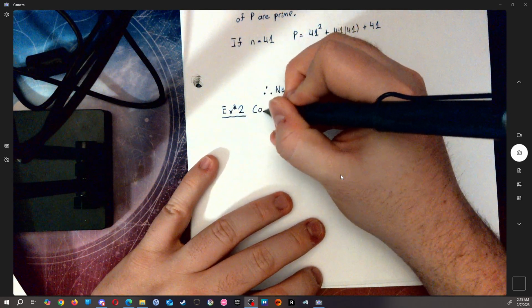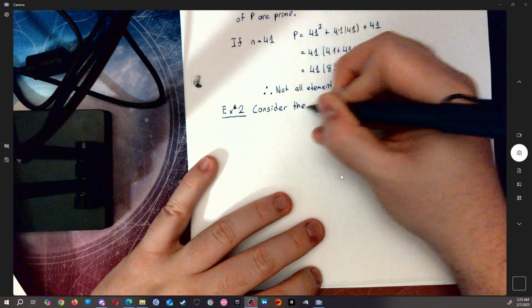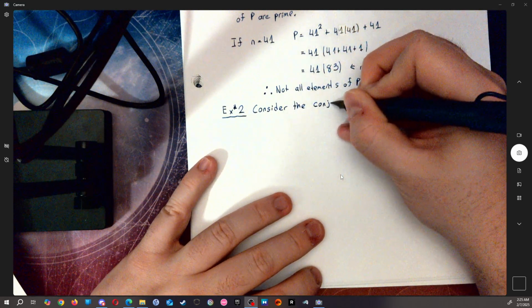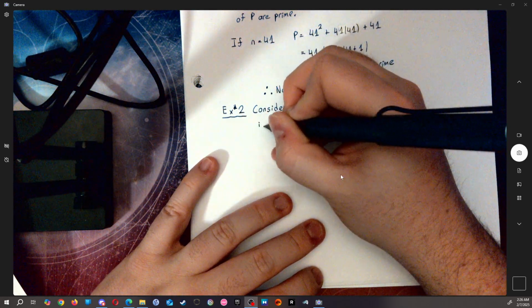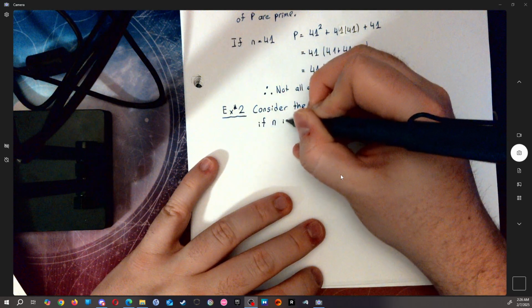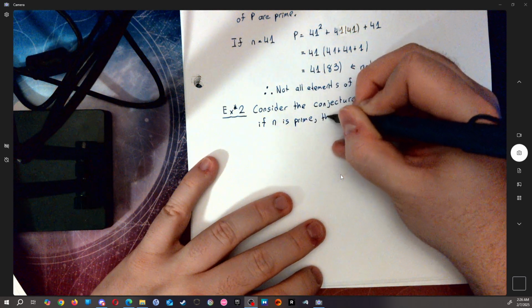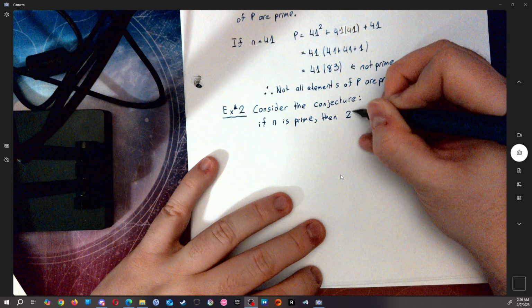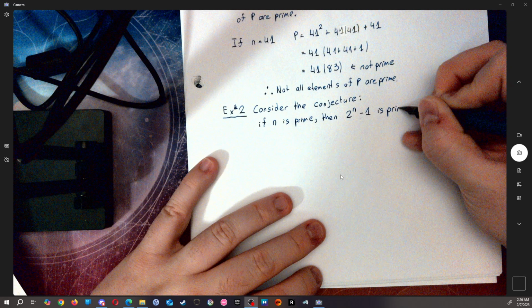Okay, so consider the conjecture: if n is prime, then 2 to the power of n minus 1 is also prime.